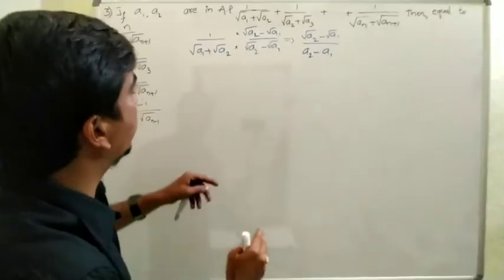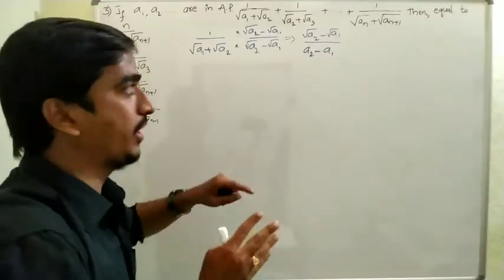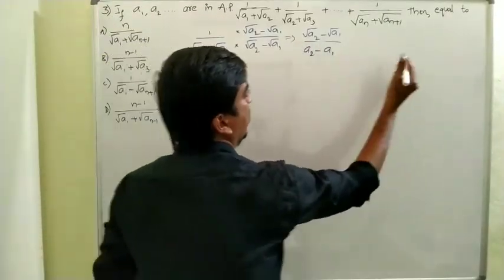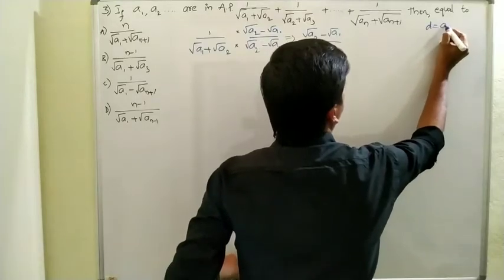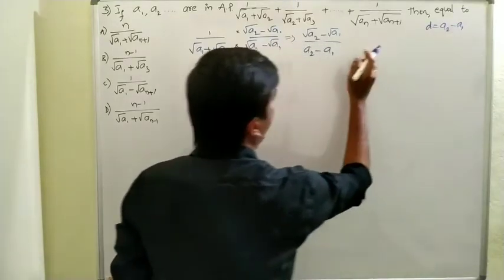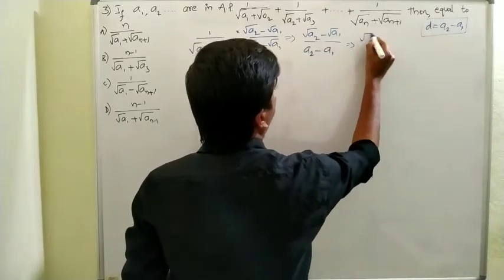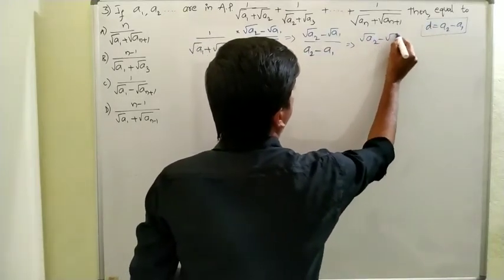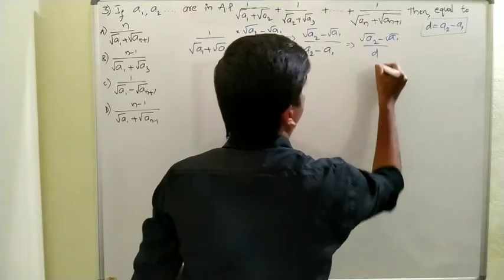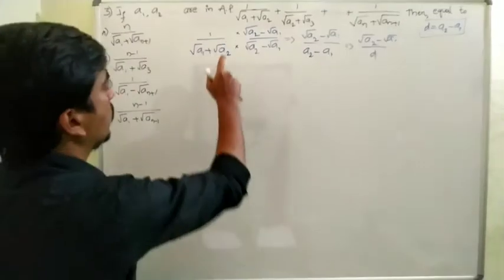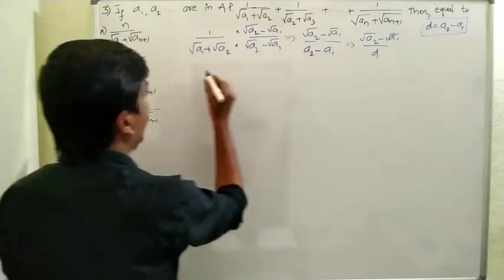If you observe, he said that this series is in the AP, so there is a common difference. Here d equals a2 minus a1. So we can write this value here: root a2 minus root a1 by d.